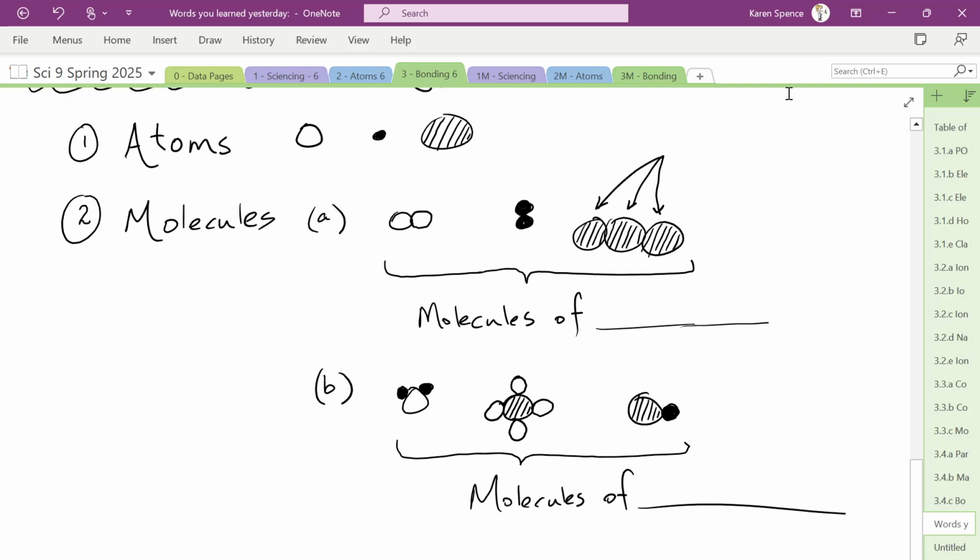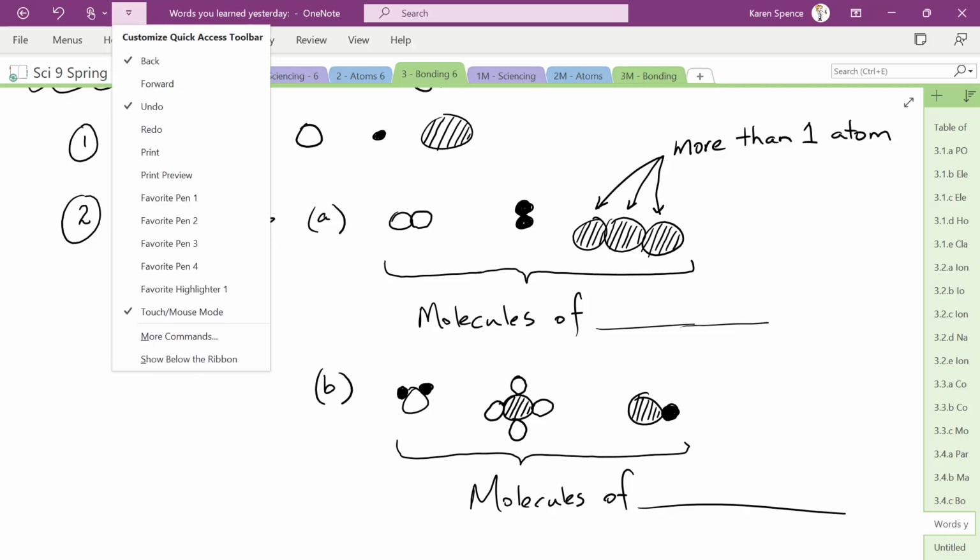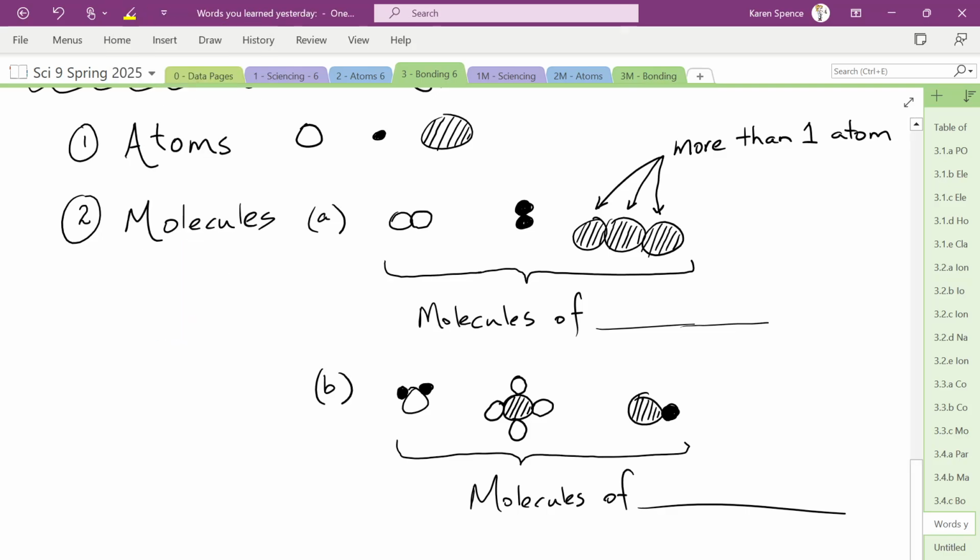Yeah, the atoms, you have more than one atom. And what are they joined by?